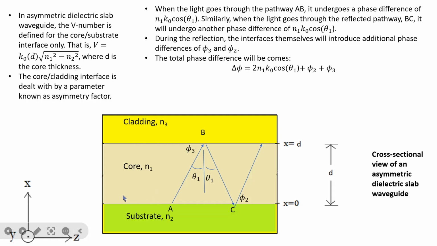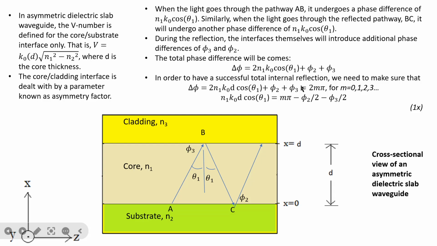In order for total internal reflection to occur successfully, we need to make sure each round trip is an integer multiple of 2 pi. So this is what we need. Where m here represents the integer multiple, and m can be 0, 1, 2, 3, but m being 0 is meaningless.